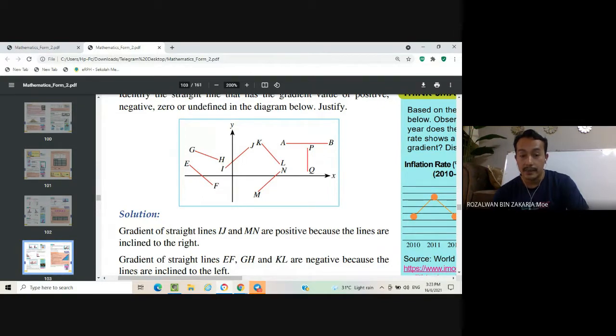The gradient of straight lines ij and mn are positive because the lines are inclined to the right.